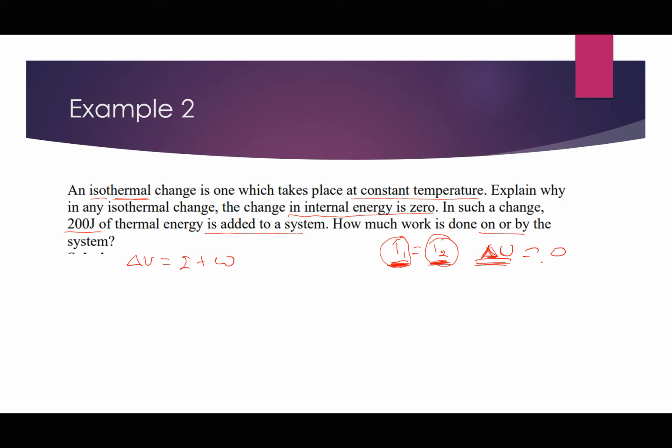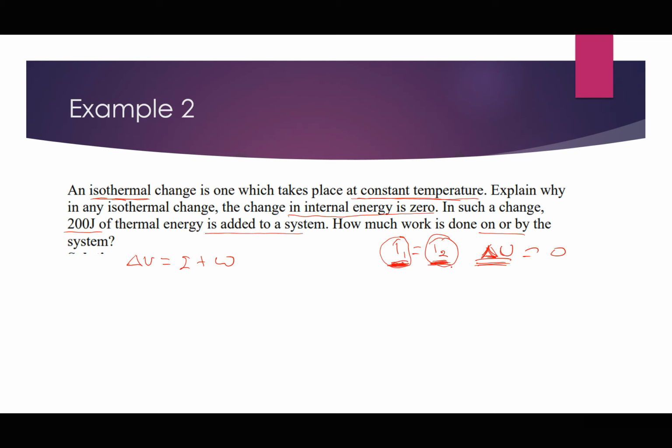Remember, if our system is an ideal gas, the internal energy of the ideal gas is the sum of the random distribution of the kinetic energies of all the molecules that make up the system. The total kinetic energy of the molecules is the internal energy. The average kinetic energy of the molecules is the temperature. Isothermal means constant temperature.